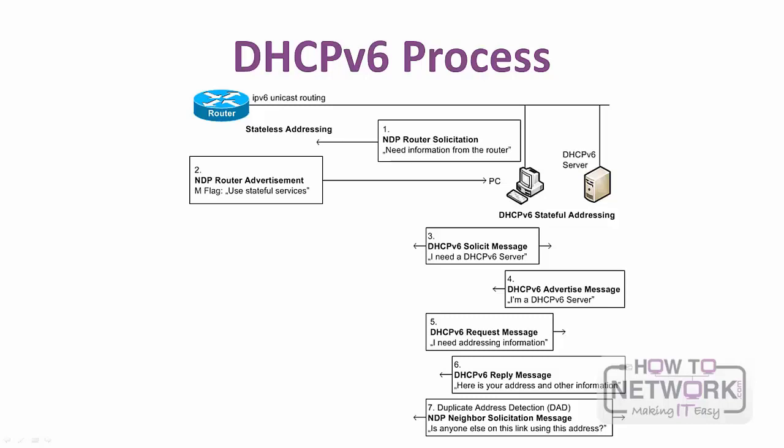The source address is an unspecified address, because PC's global unicast address is tentative until proven to be unique. The destination address is a solicited node multicast address, which is similar to that of a broadcast address. If any devices on the link have the same address, that device will respond with a neighbor advertisement message.